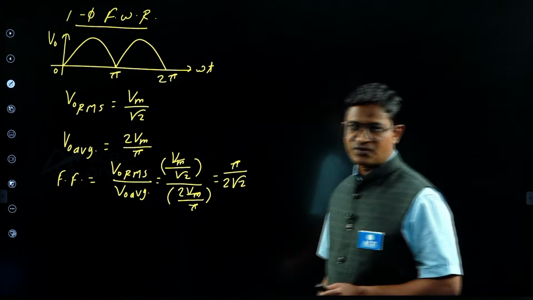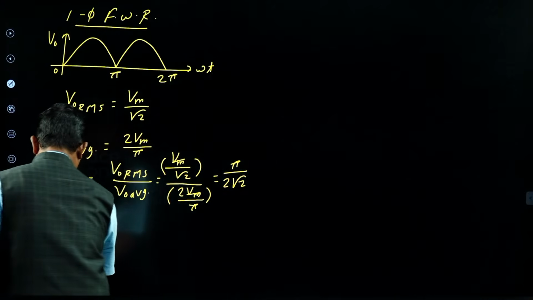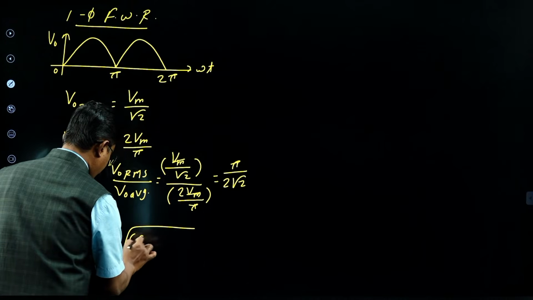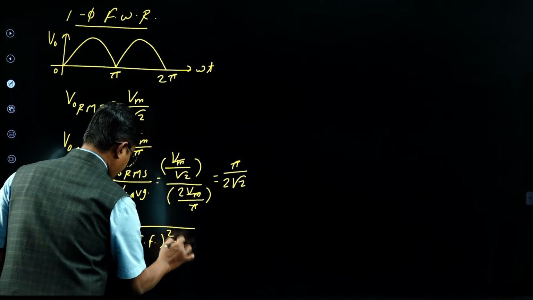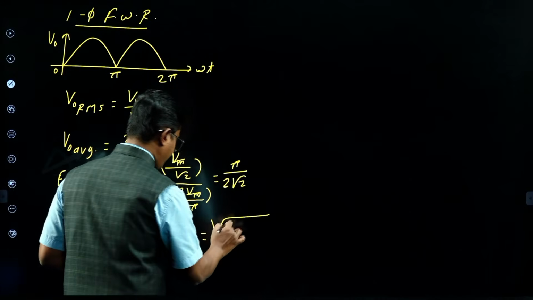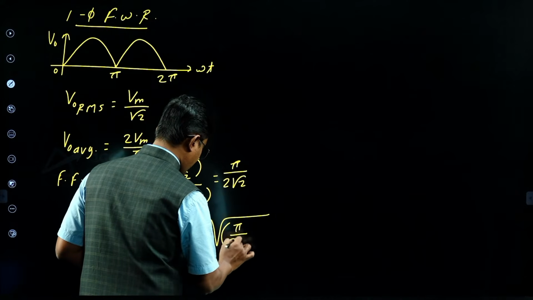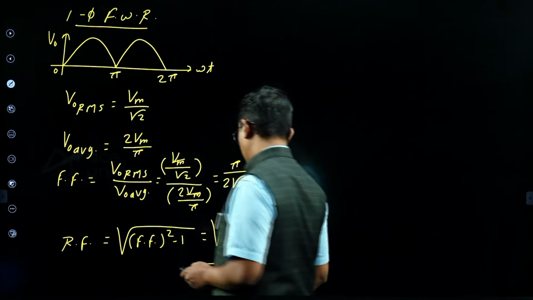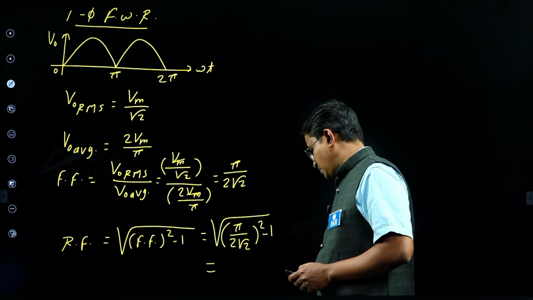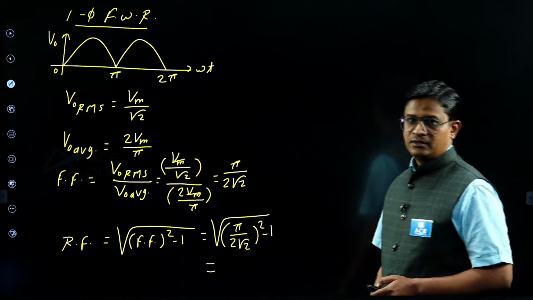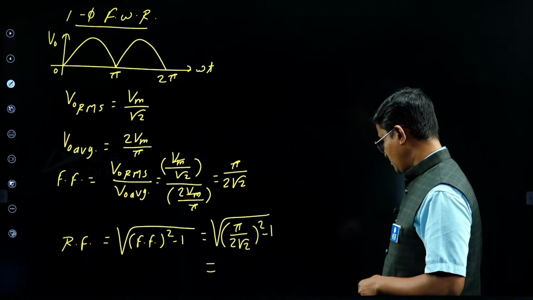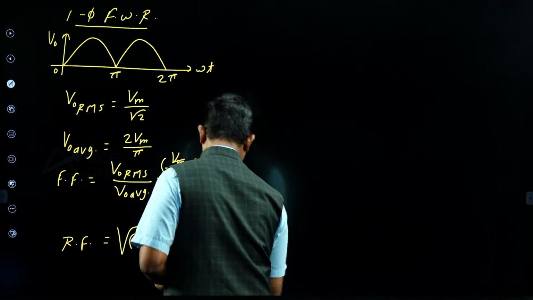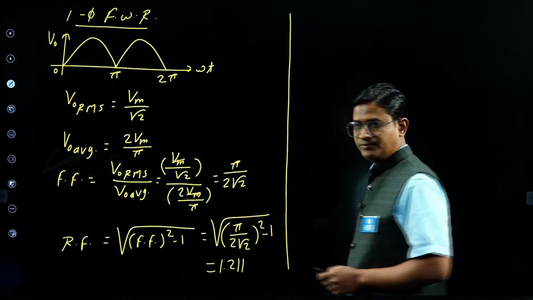It is under root form factor square minus 1. Now put the value and tell me what answer you are getting. Under root, pi upon 2 root 2 square minus 1. Simplify this, you will be getting 1.211. Please check once. It is a simple calculation only.